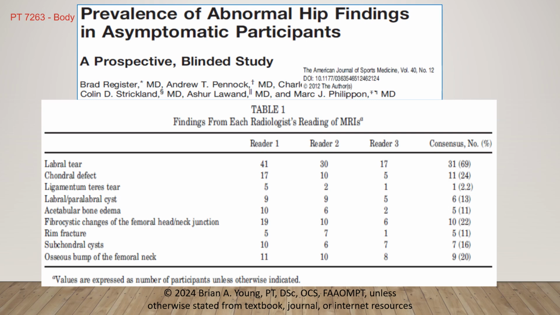So we have to be very careful with imaging, x-rays, MRIs, CT, and we can't just look at the pictures to come up with a diagnosis. There are certain things that we would look at clinically to help with labral tear: Faber test, clicking, popping sounds, maybe a sense of instability.